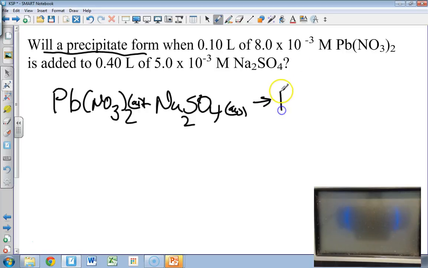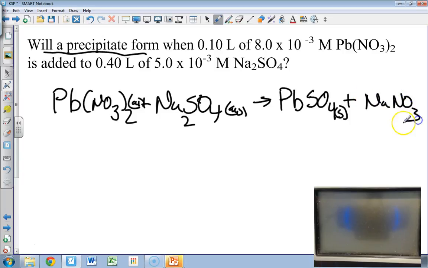Okay, and that solid is going to be lead sulfate, and then there actually is another product, and that's sodium nitrate.